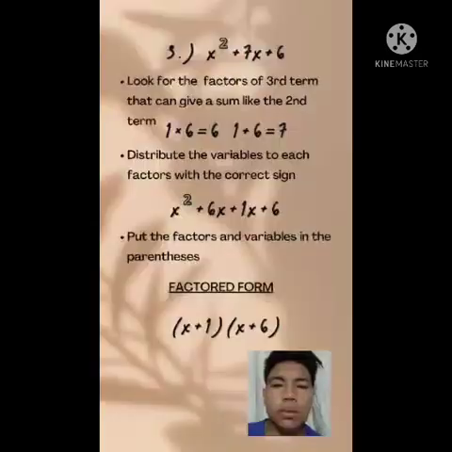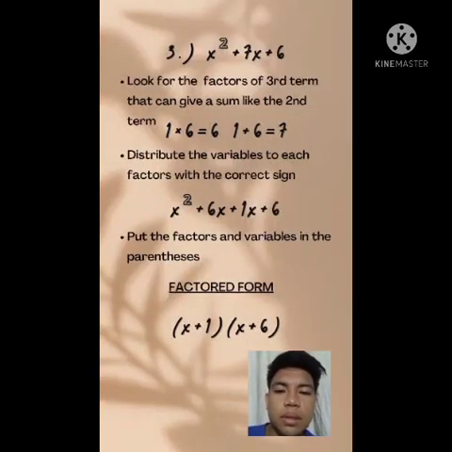Thank you. The third given trinomial is x squared plus 7x plus 6. So we need to get the factors of the third term that can give us a sum like the second term. The factors of the third term that we're looking for are 1 and 6, because they can give us a sum of 7, which is our second term. So now we came up with the form x squared plus 6x and 1x plus 6.